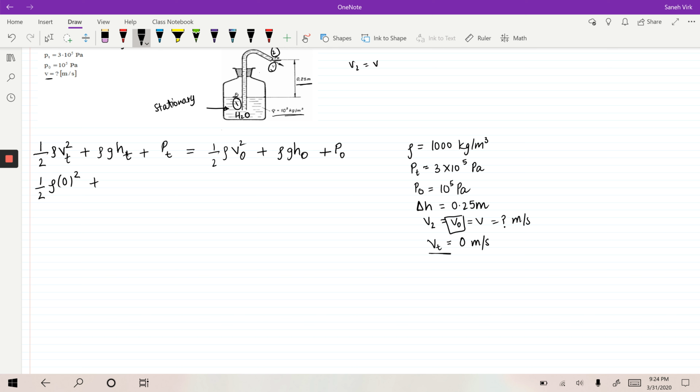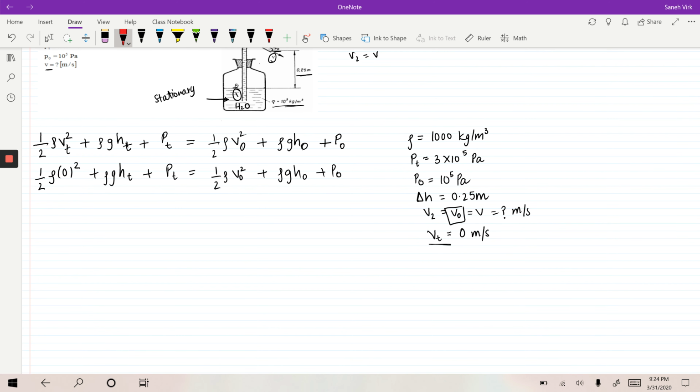Then I'll just copy the rest down: plus rho g ht plus pt equals 1/2 rho v naught squared plus rho g h naught plus p naught. We know this first term cancels out to be 0. Then I'm going to subtract p naught from both sides.